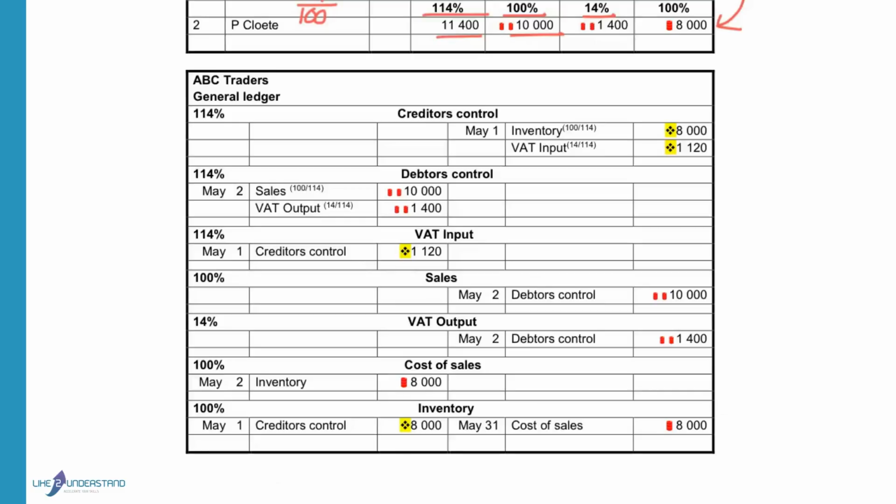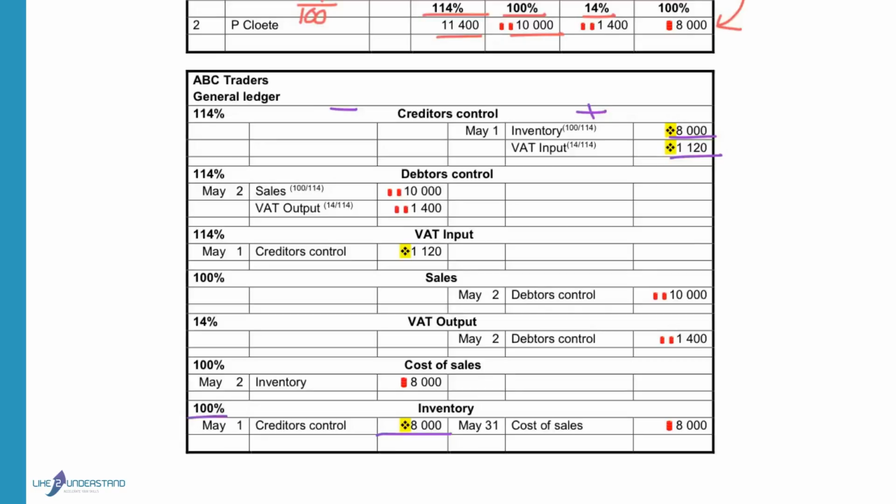When we purchase the goods, we owe the total amount to the creditors. Creditors is a liability that increases on the credit side, so we will increase it with the 8,000 and with the VAT. The inventory account will be debited with 8,000.